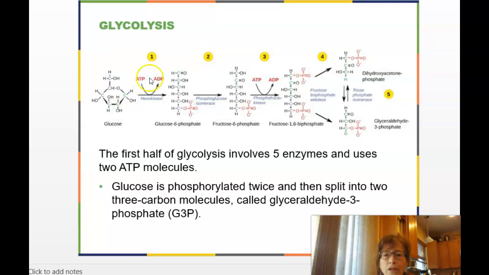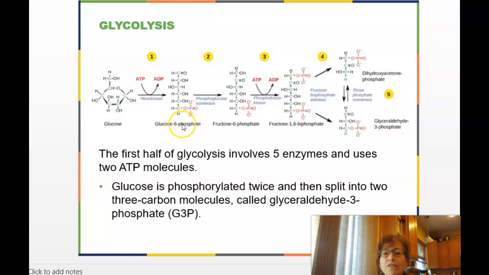So we're going to hydrolyze ATP into ADP. In this process, this is an exergonic reaction. This would be a negative delta G. Therefore, when we couple these 2 reactions together, we can use that extra energy that comes from hydrolysis of ATP to drive this reaction to the right, toward glucose 6-phosphate.